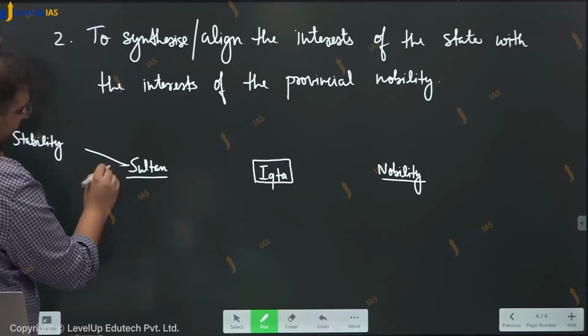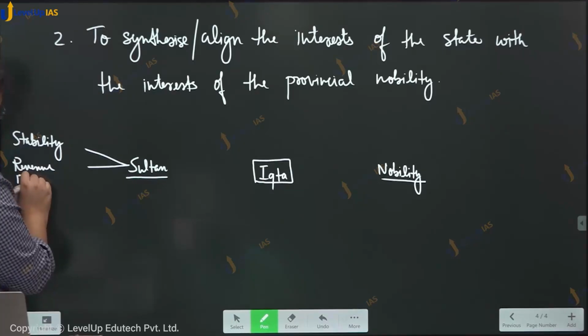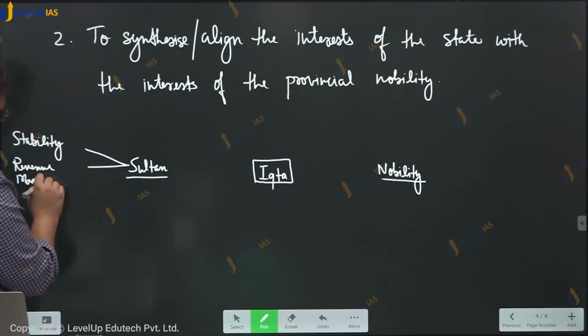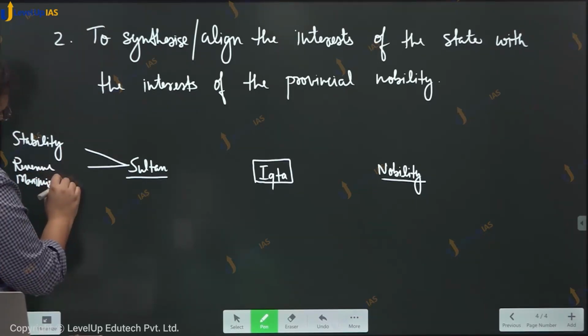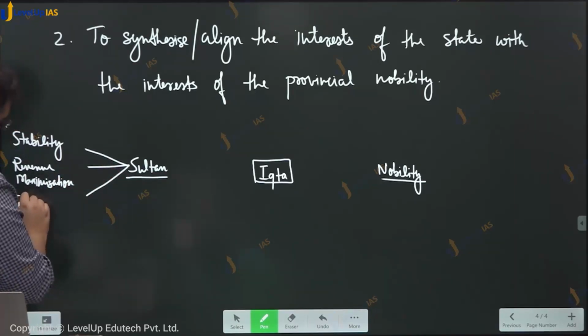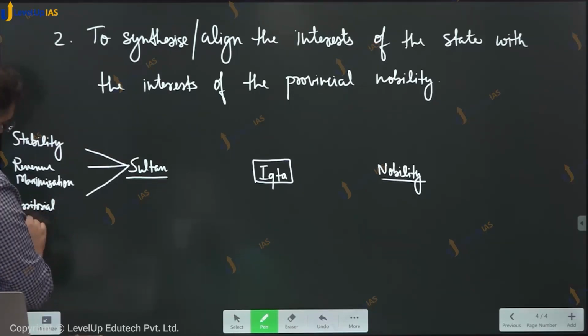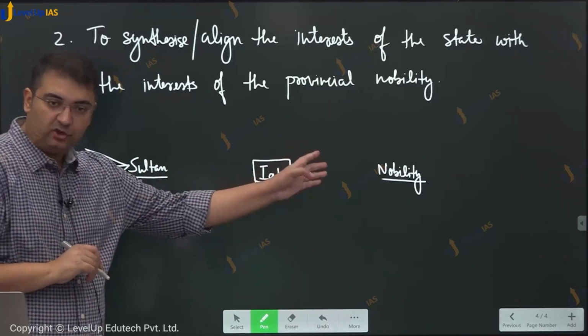Stability, revenue maximization, and territorial expansion. Could any of this have been possible without the loyalty of the provincial nobility?